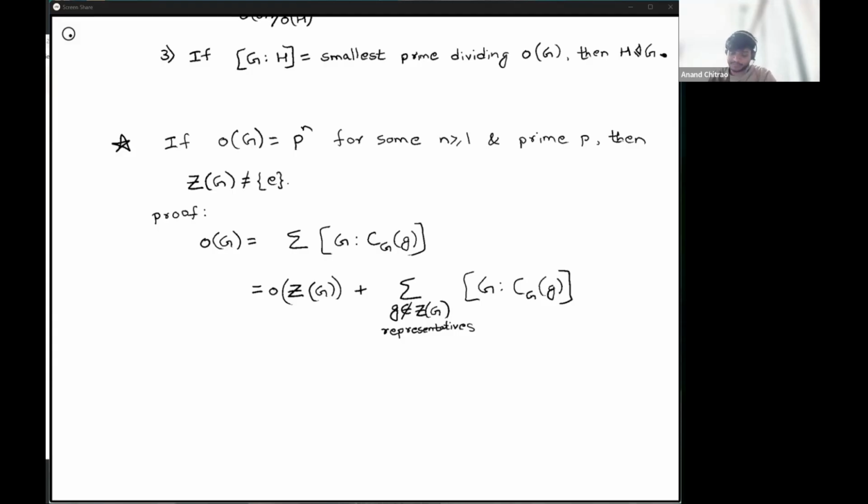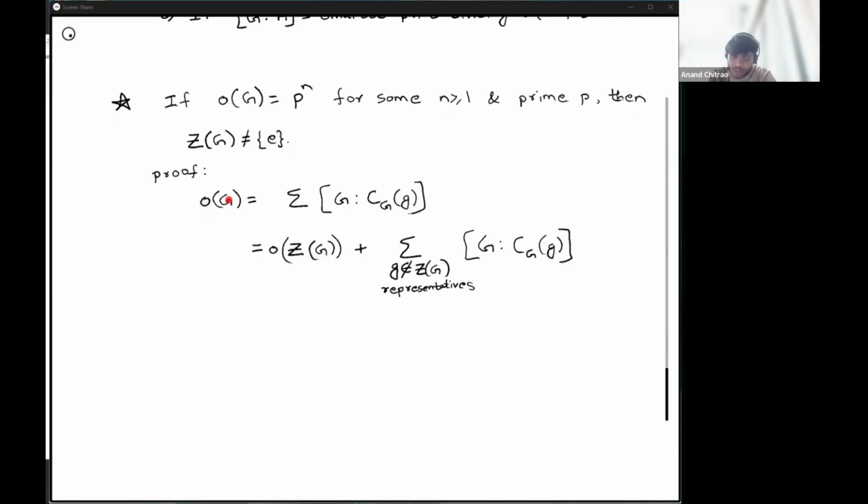Now you note that order of G is divisible by P because that's what we assumed. And this index is also divisible by P. That's because this index is equal to order of G divided by order of Cg of g.